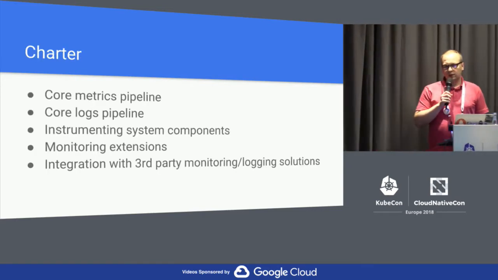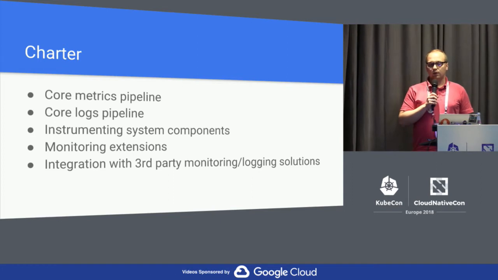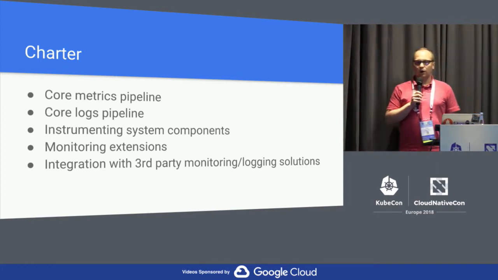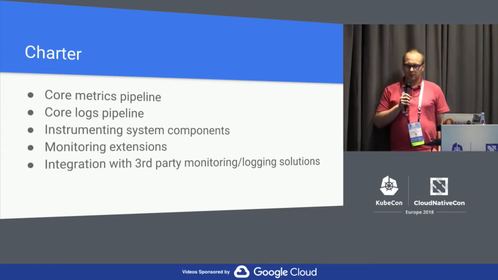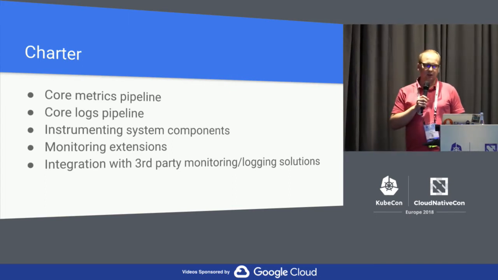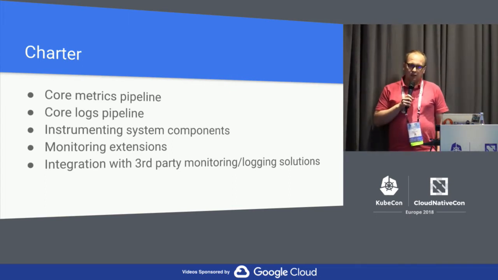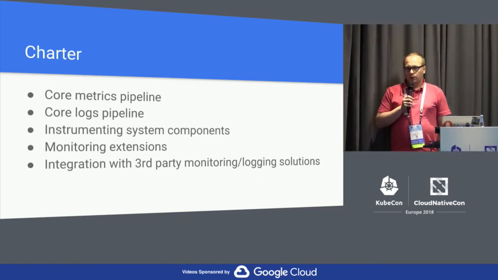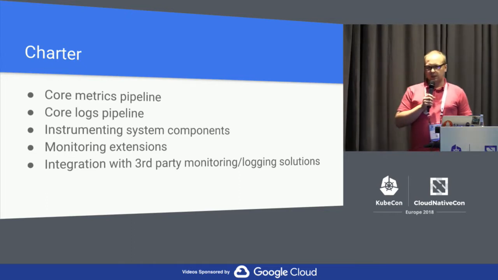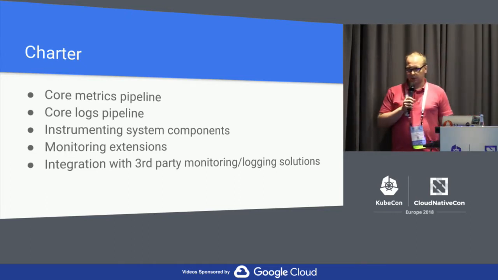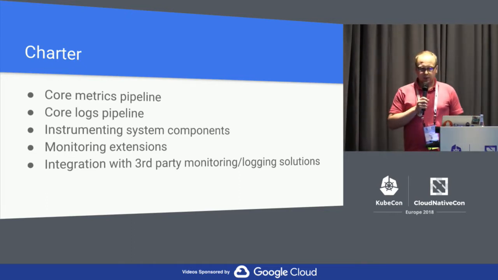What is our charter? So the first thing that we own as a SIG in the open source Kubernetes community is the Core Metrics pipeline. This is the pipeline that is included in Kubernetes out of the box, which provides you the very basic resource usage monitoring like CPU, memory, disk usage.